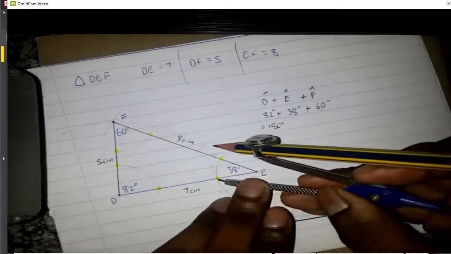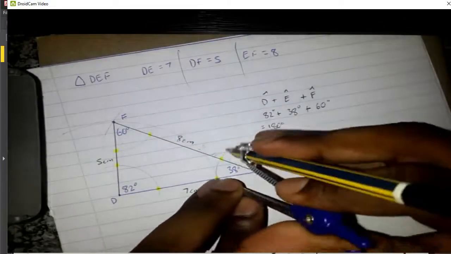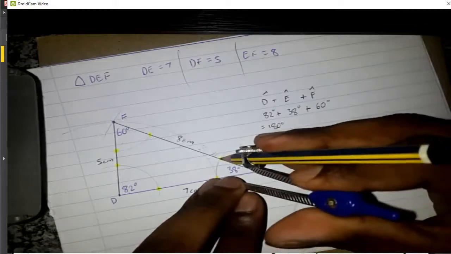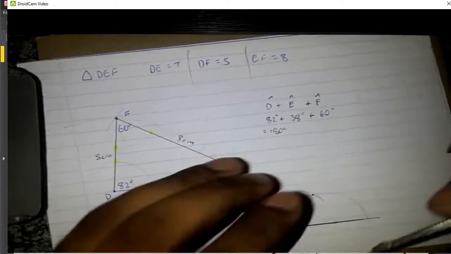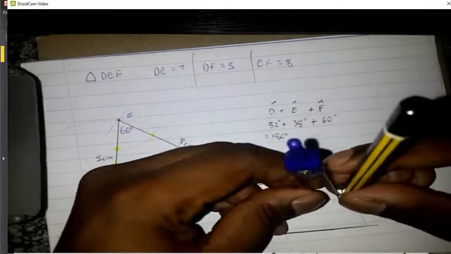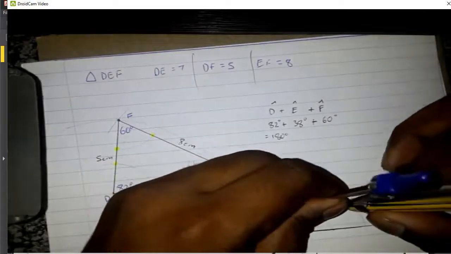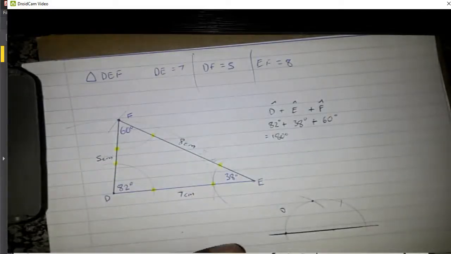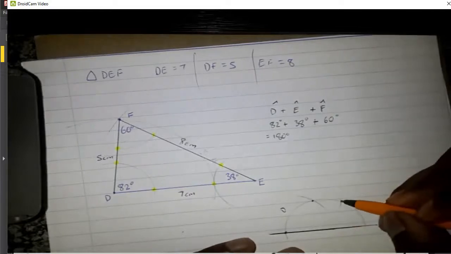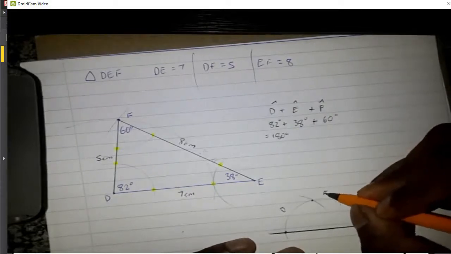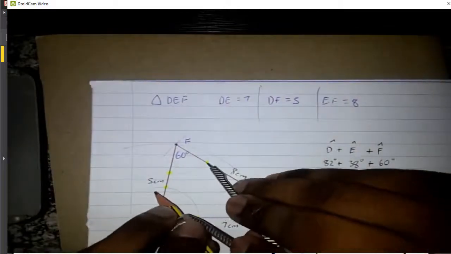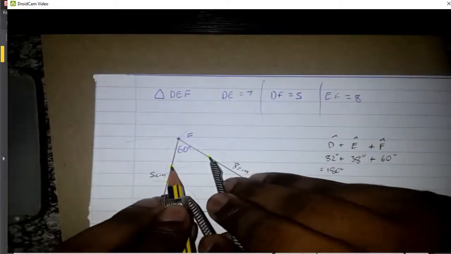E is from here to there. So let's put that in there. Okay, so E was from here to here, right? And let's check out F. F is from here to here.